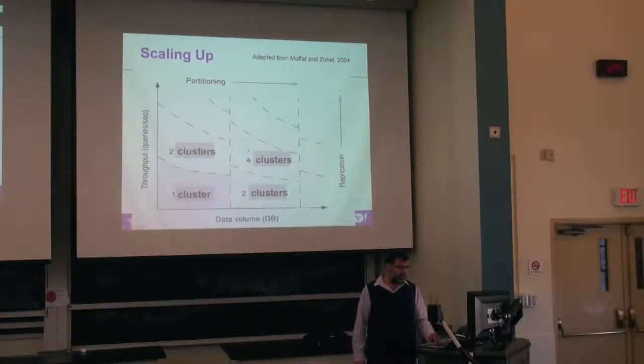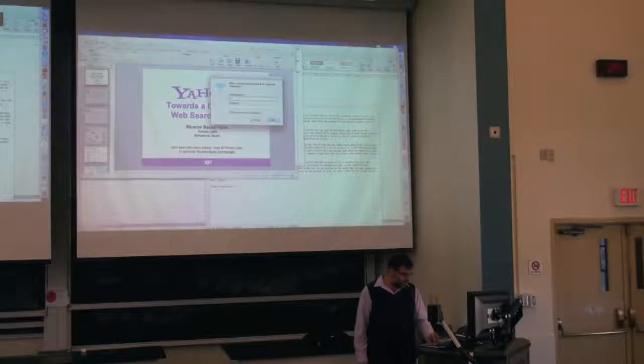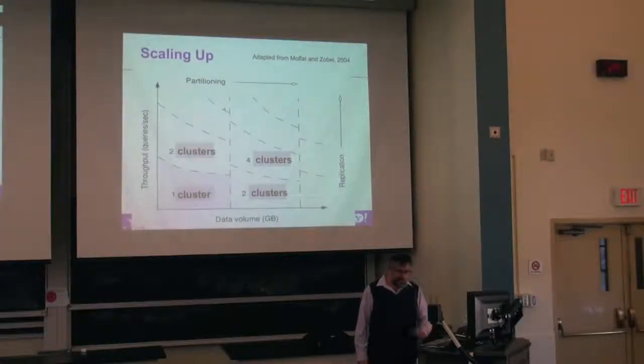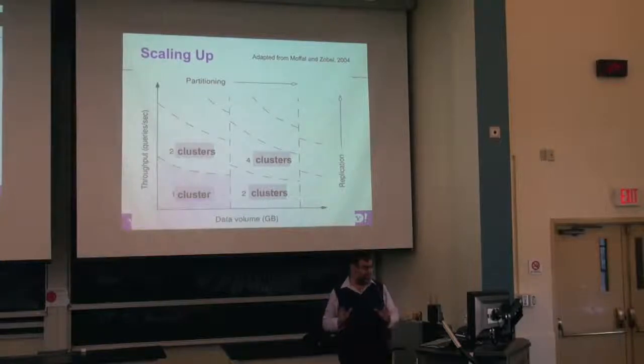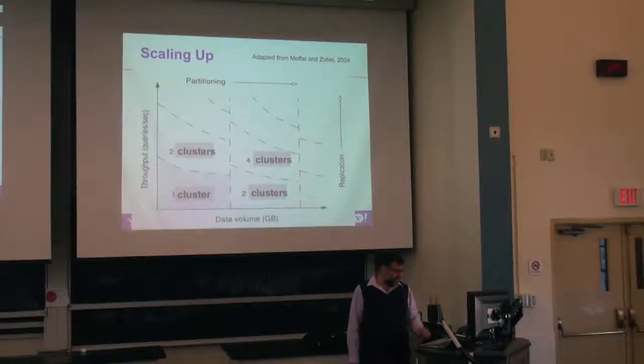But you can solve it, and you get the right number of clusters. So these are the two problems we have to solve just for dealing with scale: replication and partitioning.